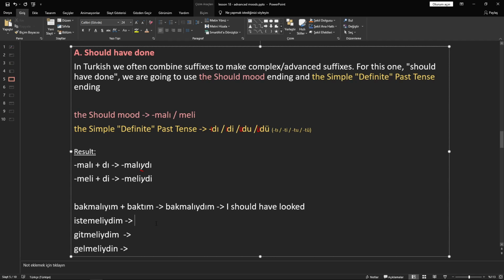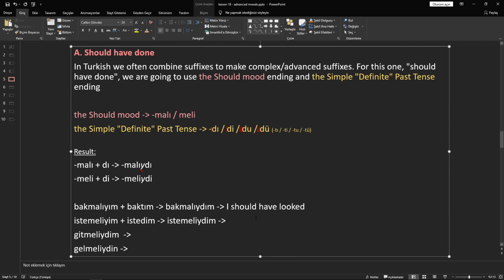Or istemeliydim. How about this one? Maybe I can also break this. İstemeliyim, I should want, and istedim, I wanted. Past tense becomes istemeliydim. How about this?